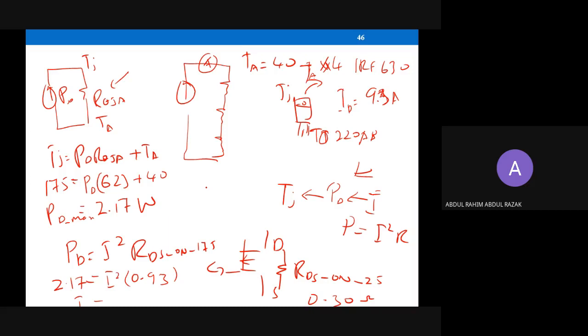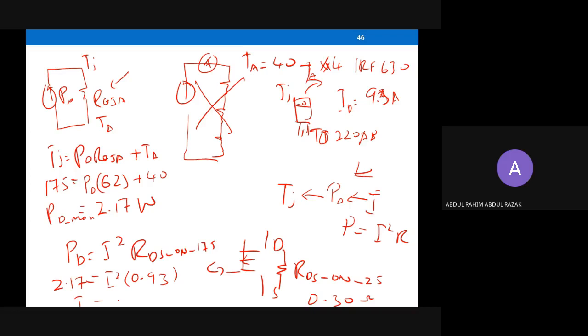That should not be exceeded for this scenario where you're operating without a heatsink. Without a heatsink, we don't put any heatsink, so the I will be 2.17 divided by 0.93, so we get 1.53.